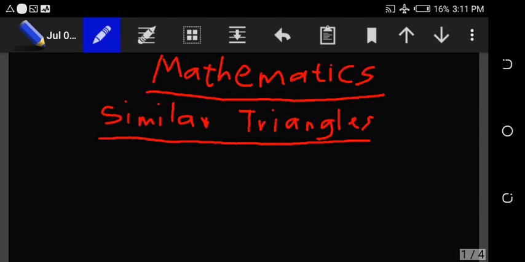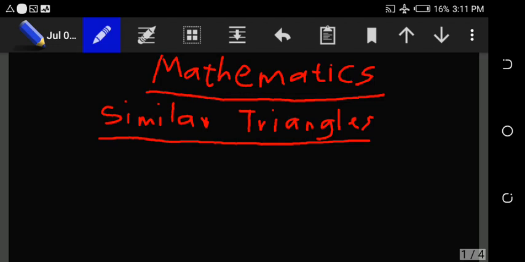However, they can be similar if certain conditions are met. We're going to take our time to look at those conditions that the two triangles will need to satisfy before we can say that both of them are similar or congruent. That's another way you can put it: similar triangles or congruent triangles.